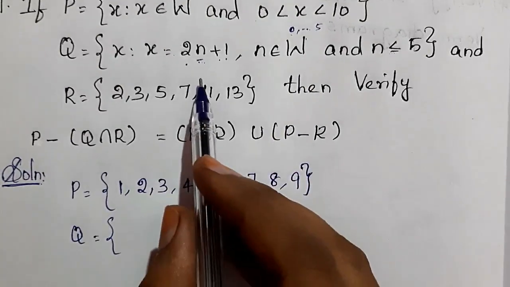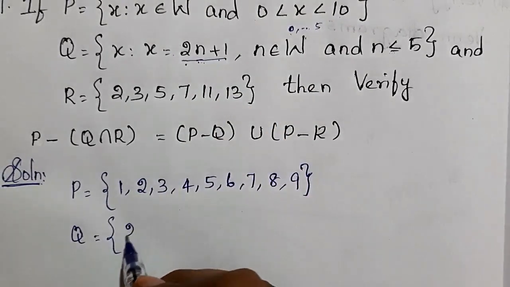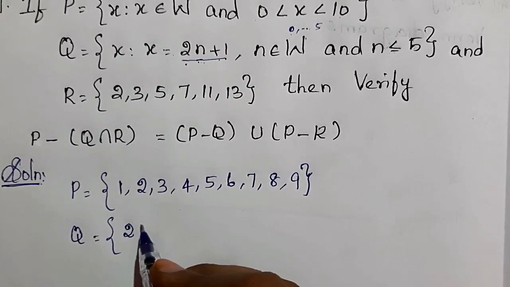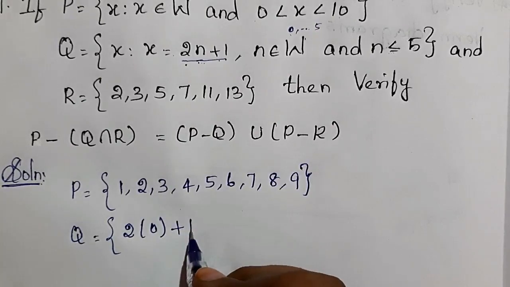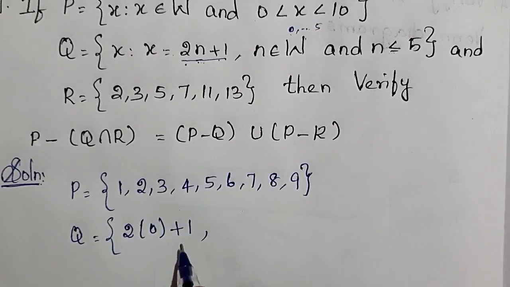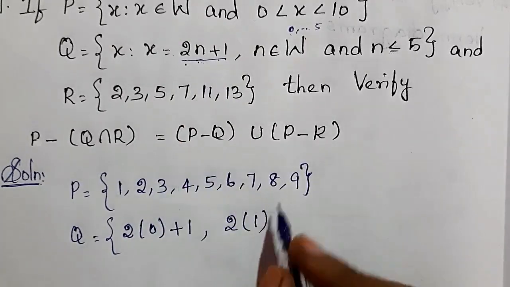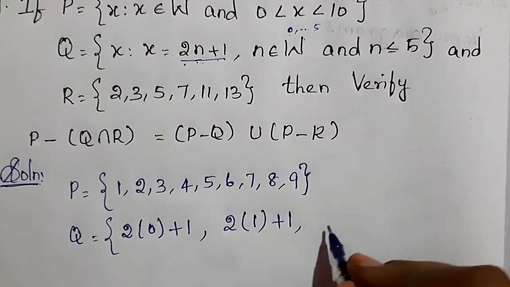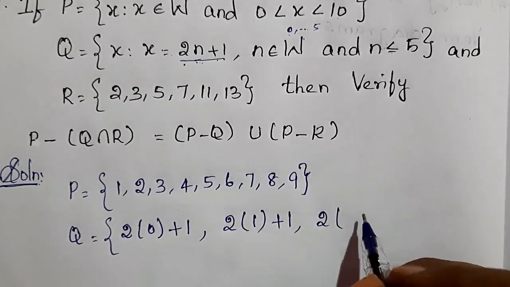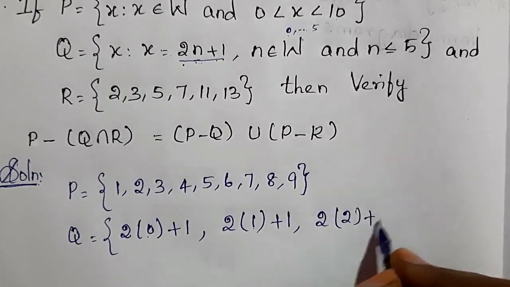So I can write like this, write it carefully. Using this I am going to write. So 2 into 0, in this place of n I write 0, plus 1. This is the first element. Second element, 2 into 1, in this place of n I put 1, plus 1. Next, third element, 2 into 2 plus 1.